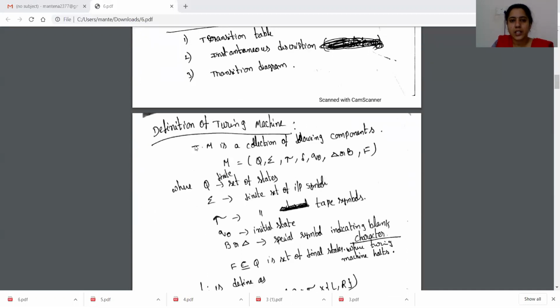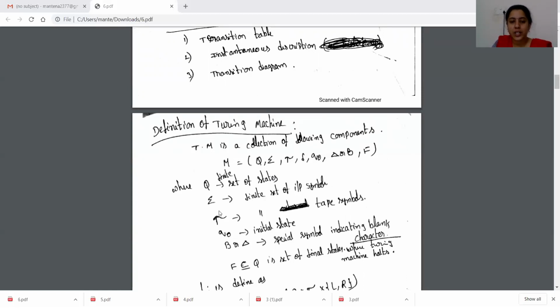Coming to the instantaneous description, Turing machine can be defined by 7 tuples. That means Q, sigma, tau, delta, Q naught, capital delta or B, and F. This B or capital delta is used to fill the blank cells, and F is the final state. Tau is the tape symbols, and sigma is the input symbols.